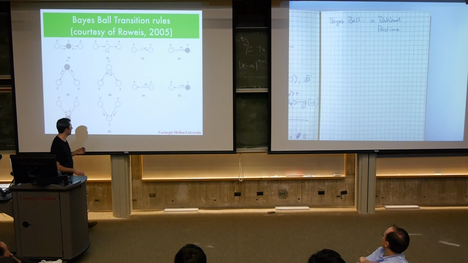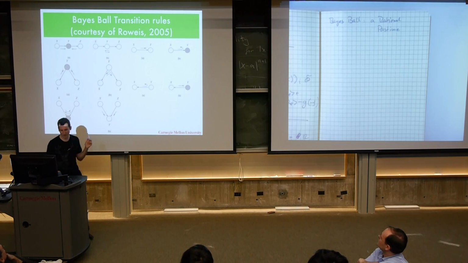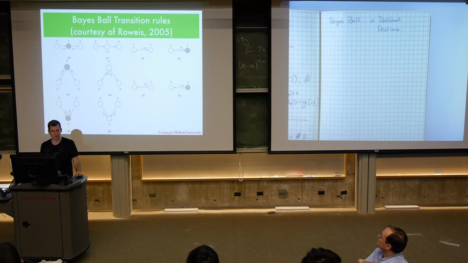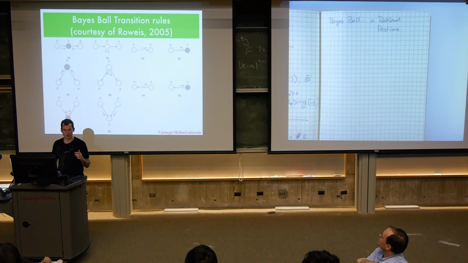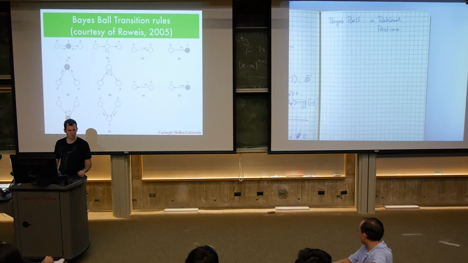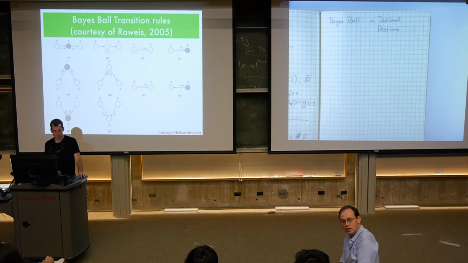But basically, all you need to remember is this one picture. I don't want to go into too much detail here, but this is a very useful visual aid if you ever have a directed graphical model and you're not quite sure what's dependent on what, given what we observe. You basically run this algorithm, and if you can reach one vertex from another in this manner, then you know they are dependent. The summary is they're dependent if there exists an active path.